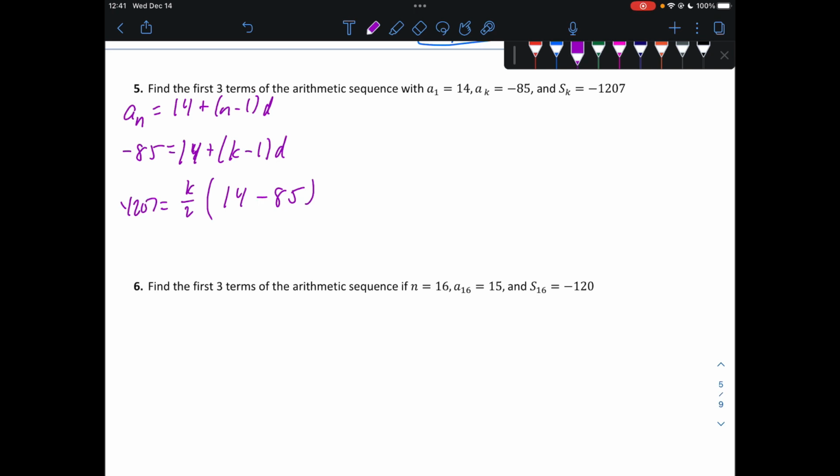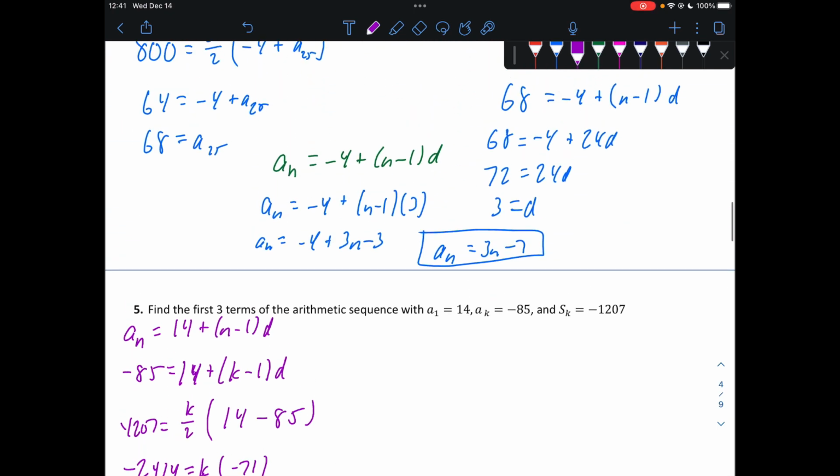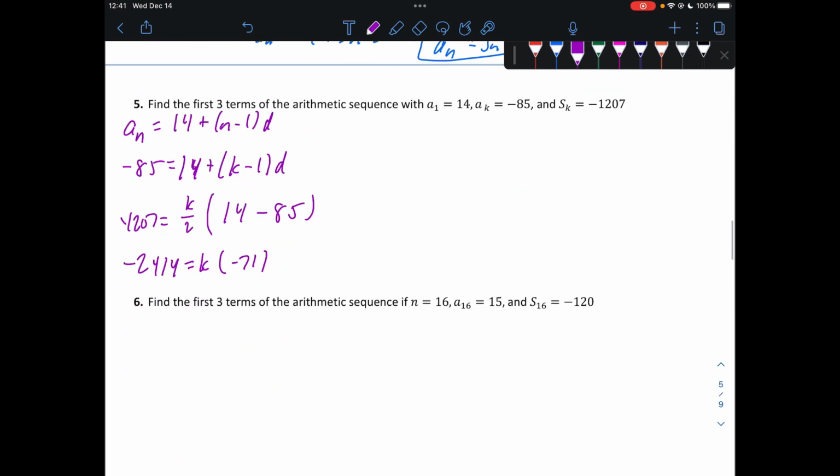All right, so now we can use our algebra skills to solve that last equation for k. So I'm going to multiply both sides by 2 and get negative 2414. And then this would be negative 71. Divide 2414 by 71, and we get k is 34. So now we can put that number back into here.